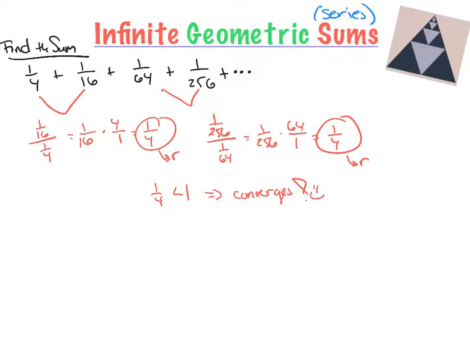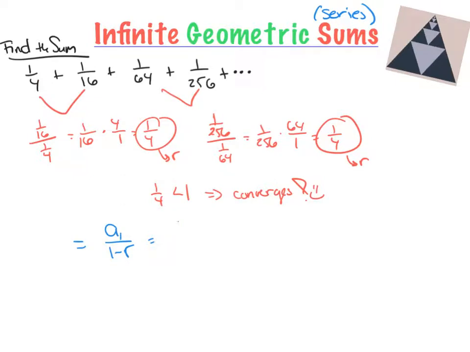Okay, and if it converges, it's going to converge to the formula a1 over 1 minus r. Well, this is kind of an odd problem. Our r is 1/4, and our a1, which is our first term, is also 1/4. That happens, though, from time to time.